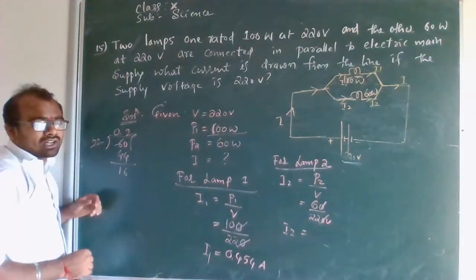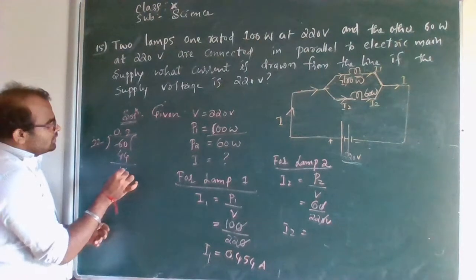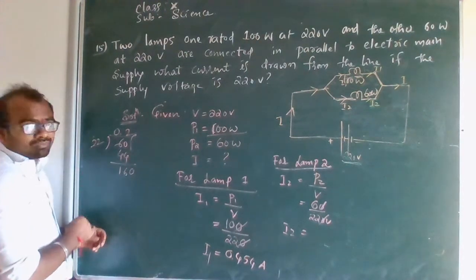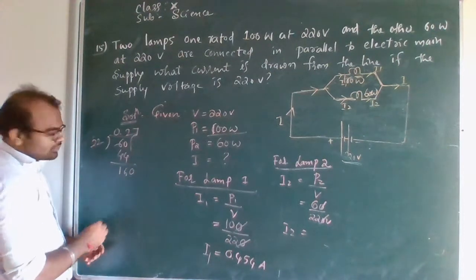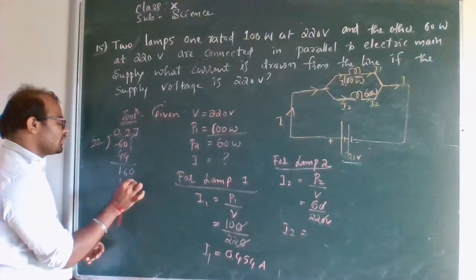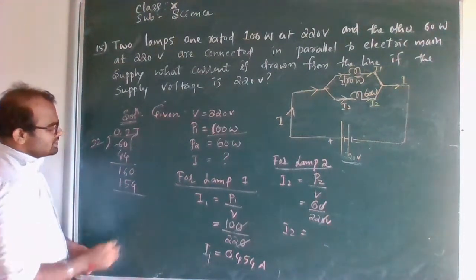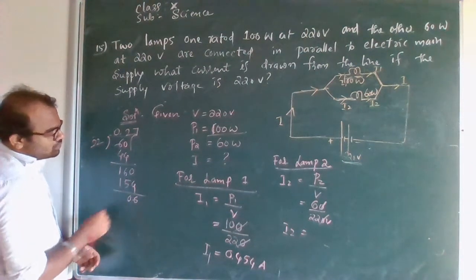So we'll take 10 here. Then how much will it become? 22 7s are 154. So 160 minus 154 will be 6.